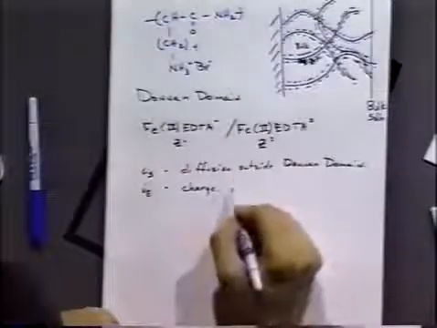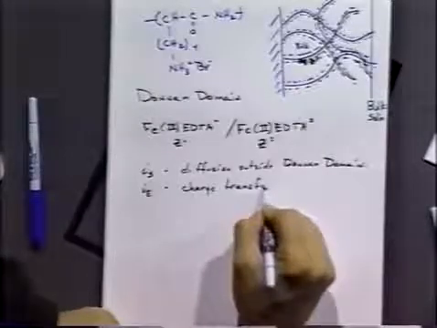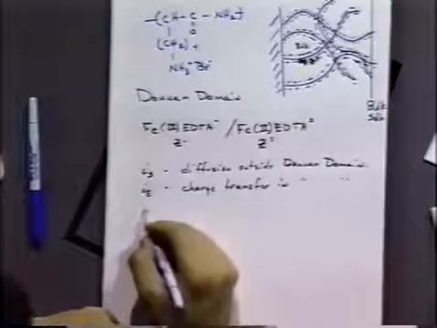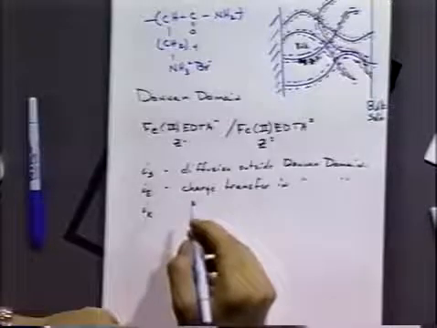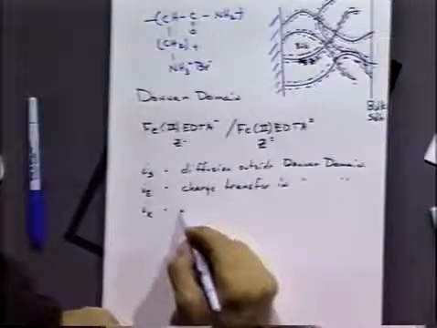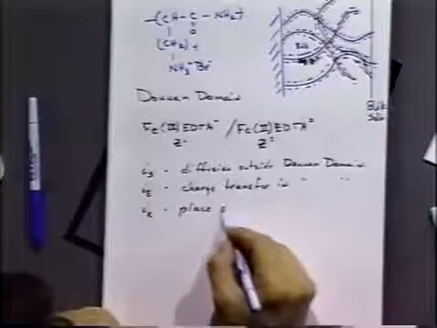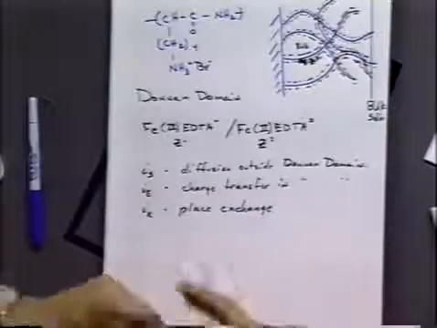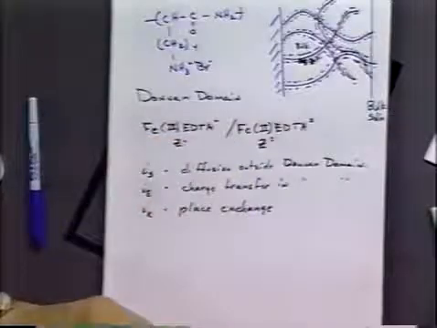In other words, the exchange between the polymer-bound redox-active molecules, the rate of self-exchange between iron 3 and iron 2 during this electron hopping in the Donnan domain. And I sub k would be a place exchange between the Donnan domain and the outside solution.